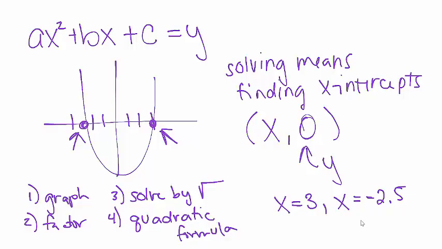Today, we're also going to talk about solving with the quadratic equations, but the answers won't be nice answers. They could be like the square root of 2. The square root of 2 is an irrational number, which means the decimal goes on and on forever.